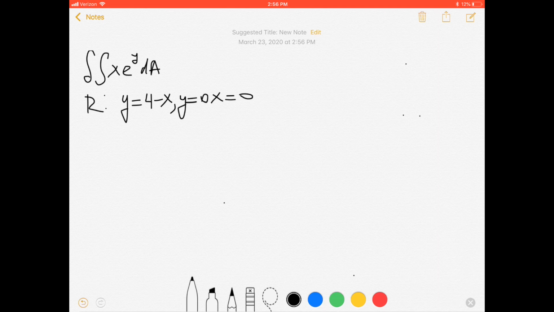These are 3 lines. This means you have a triangle here, with 4 and 4. This is our region.